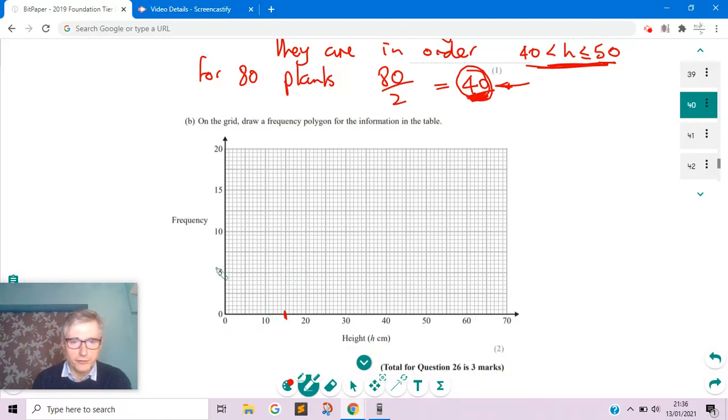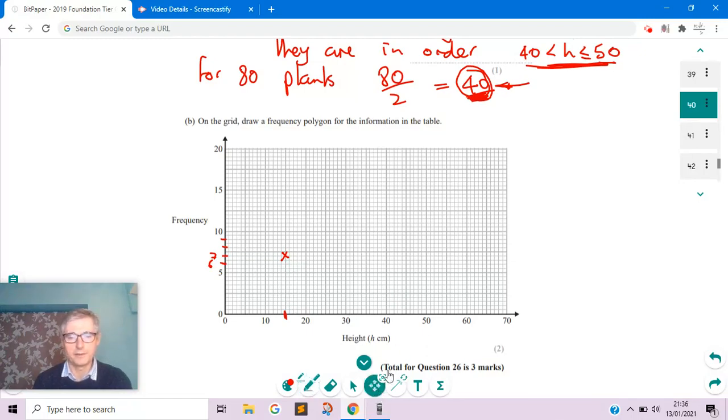So we've got to try and read this scale carefully. If we're going up in even spaces, that's going to have to be 6, that's going to be 7, 8, and 9. So we can see 2 of those small squares is actually equal to 1. That's 6, that's 7. And so I'm going to plot that one there.